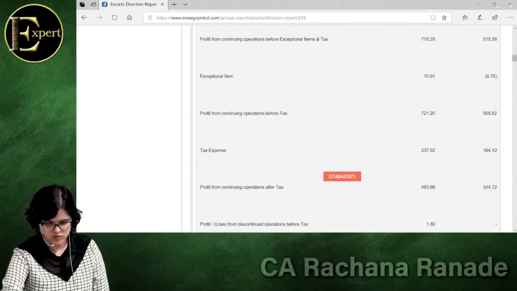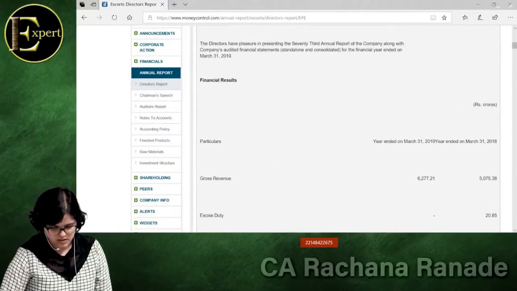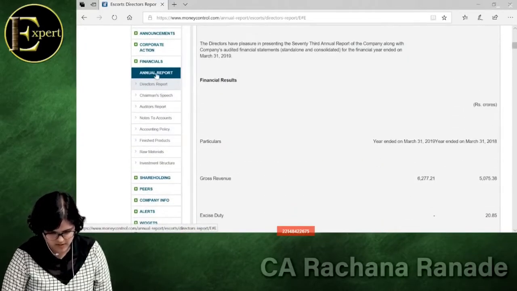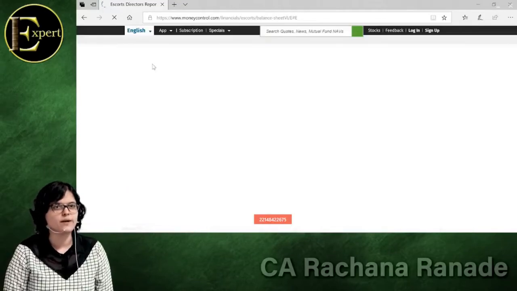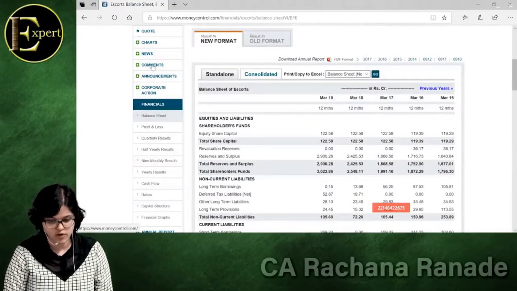Instead of free cash flows, right now, just as a shortcut, we'll just check the cash flow from operations.